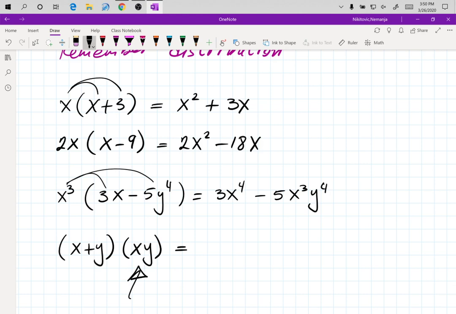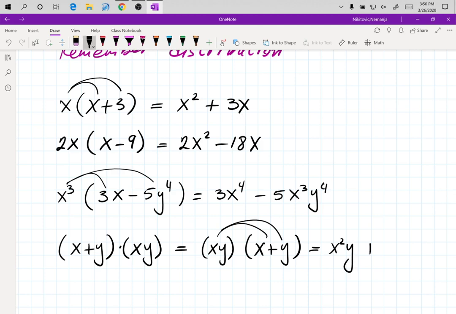Well, luckily multiplication is commutative, so you can put that first and then do your distribution. So x times x is x squared y plus xy squared. So that will be part on distribution.